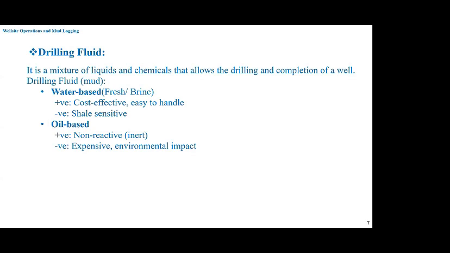But the disadvantage of oil-based mud is that it is expensive, and also it has environmental impact. And related to the interpretation of mud logging and wireline logging, there will be some contamination and some difficulties in interpretation of oil shows, either in mud logging or in wireline logging.